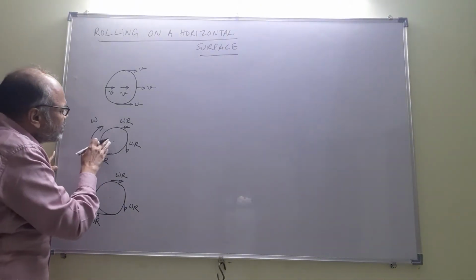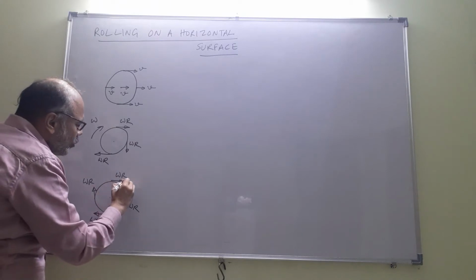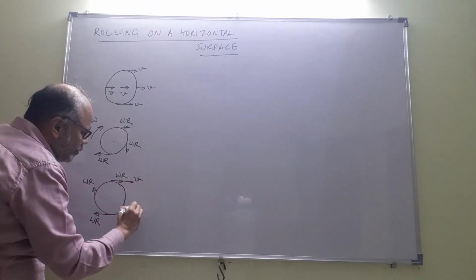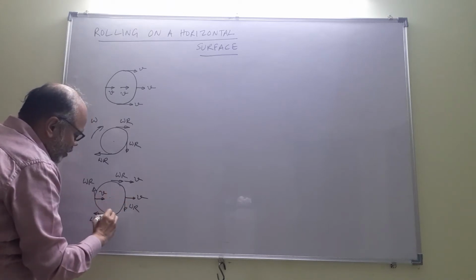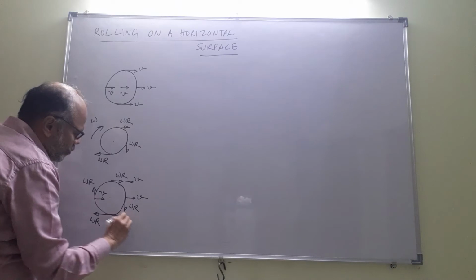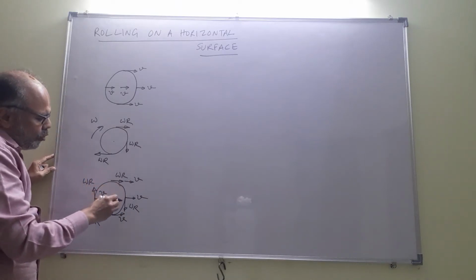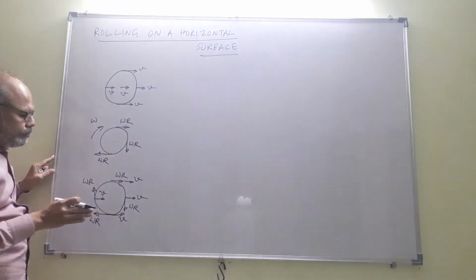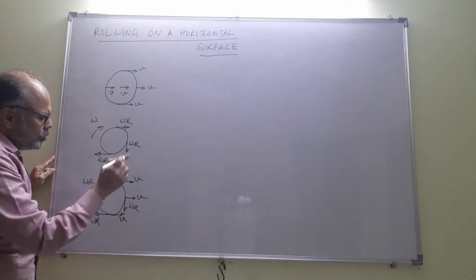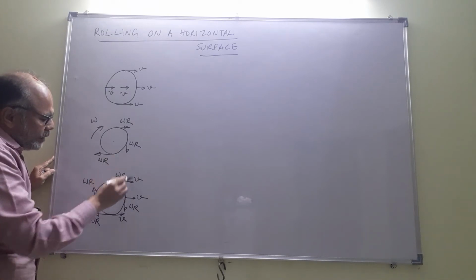The center of mass is translating at v. So superimpose that on it. So add v here, v here, v here and v here. So that will give us the absolute velocities of the points on the rim, that is with respect to the ground frame. Now, the absolute velocity will be the vector sum of omega r and v.